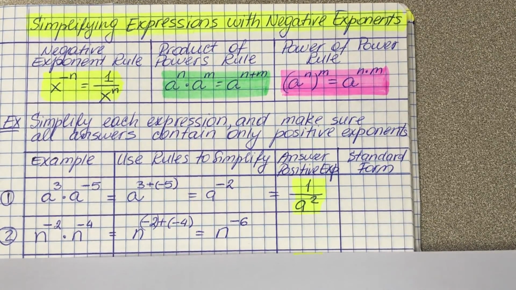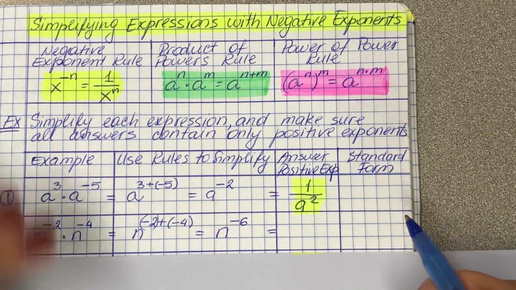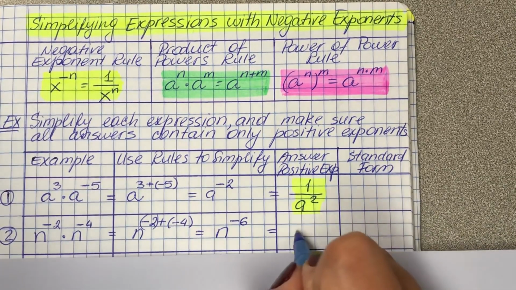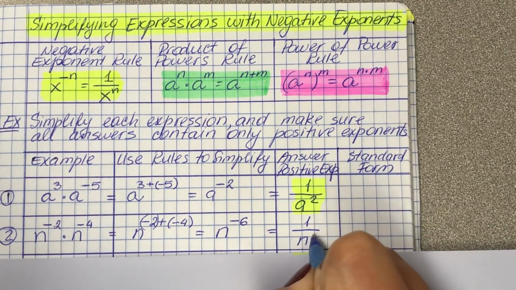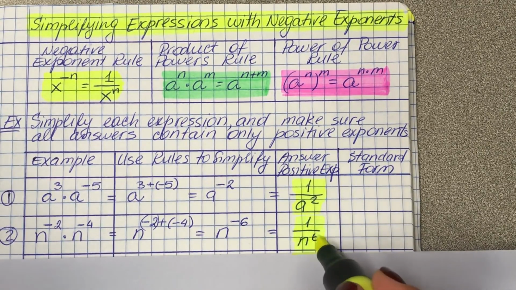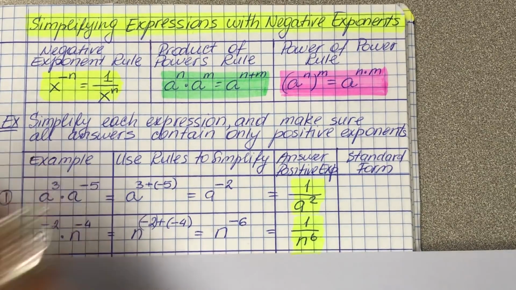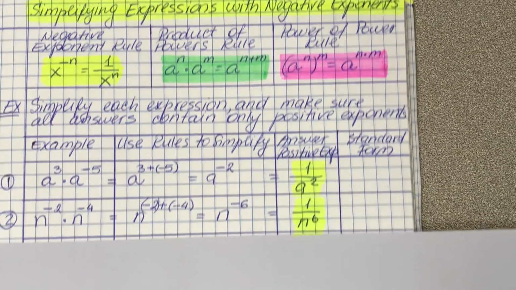And this answer contains a negative exponent, so we have to go further and use the negative exponent rule to change it to positive. So that will be 1 over n to the positive 6. And since we don't know the value of n, we stop there. We have the simplified expression and we have positive exponents in the answer.